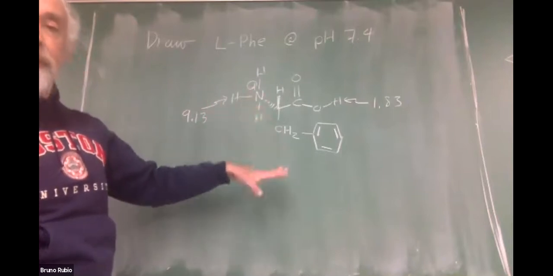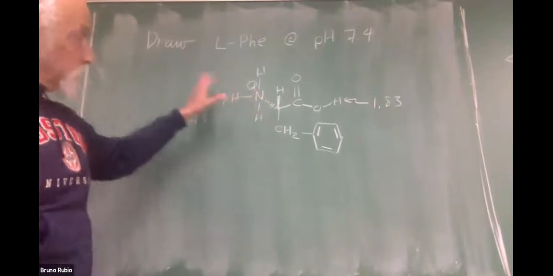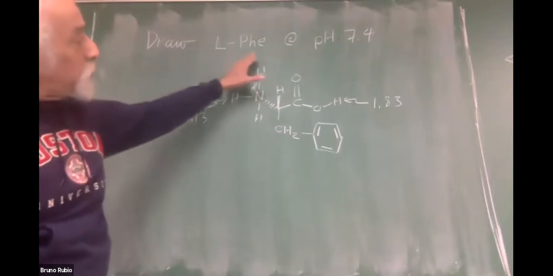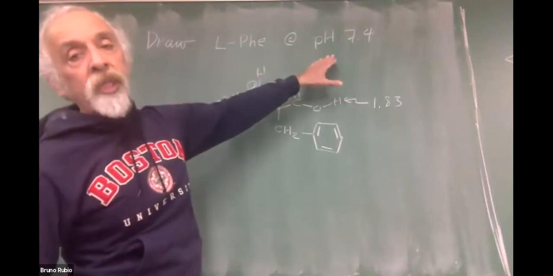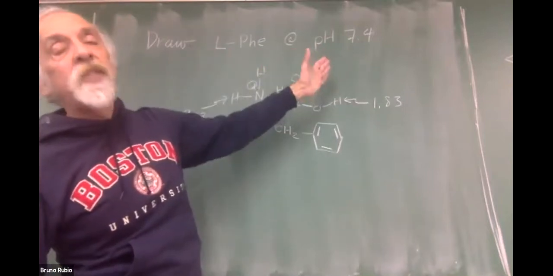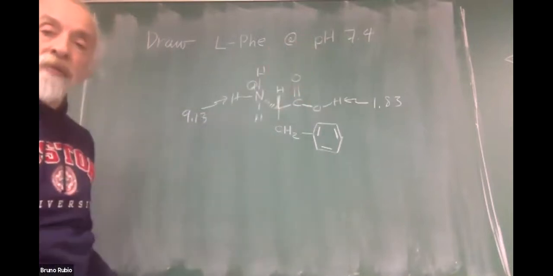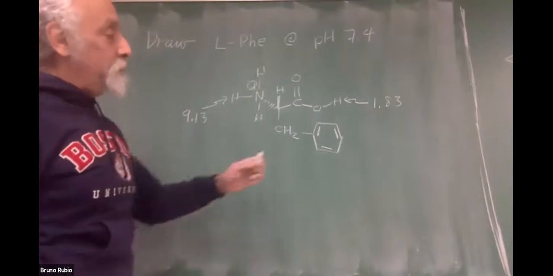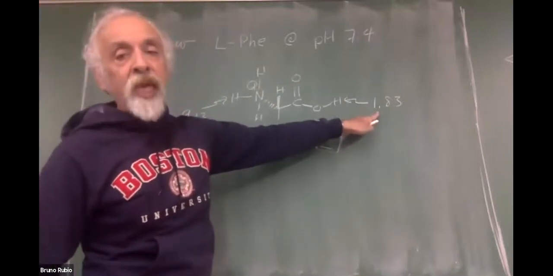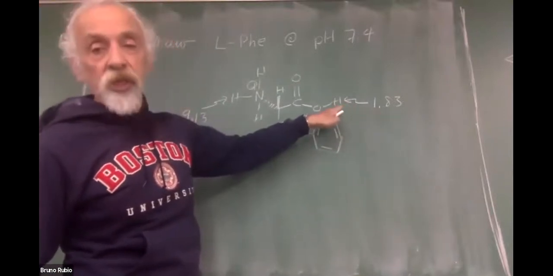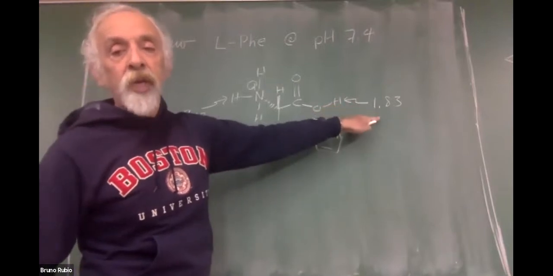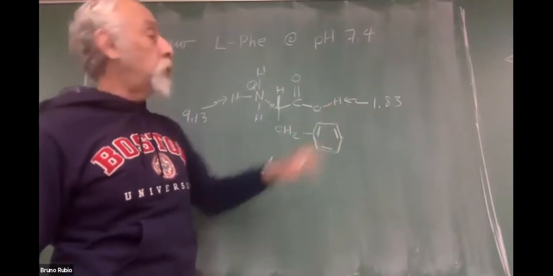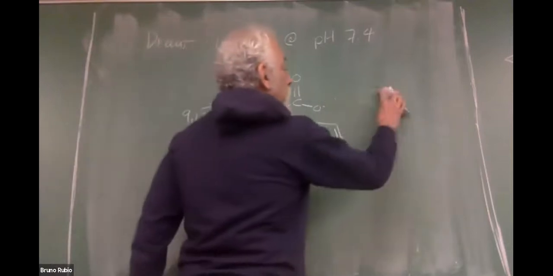It's kind of an ugly picture, but that's okay. And then I'm supposed to draw what this amino acid looks like at physiological pH 7.4. And so that's going to mean that above pH 1.83, most of these protons have fallen off.